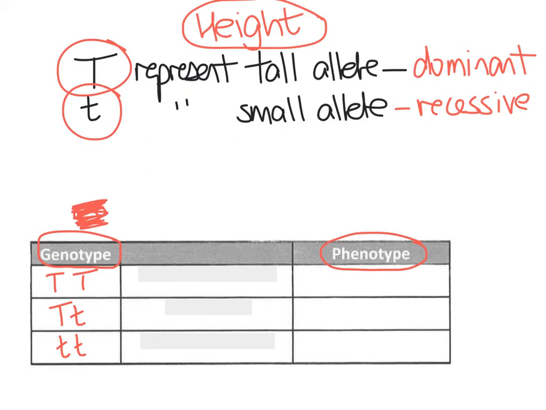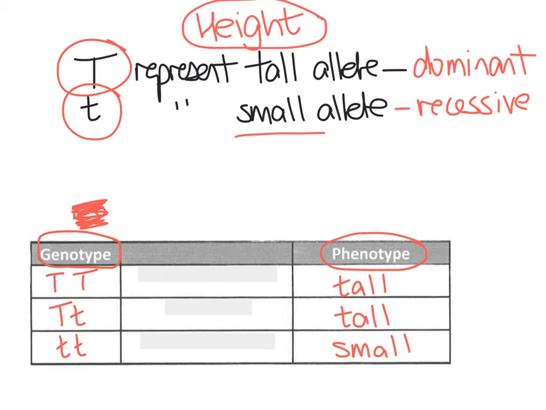So an organism that has two tall alleles is always going to be tall. One that has two little t's, well, little t is the small allele, so it's obviously going to be small. The one in the middle here has a big T, and we said the big T for tall is always expressed if it is there, and the small one in that case is ignored.